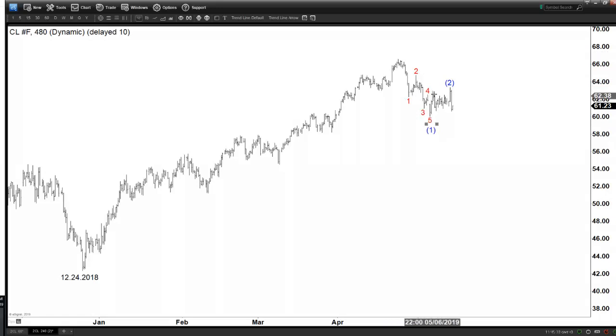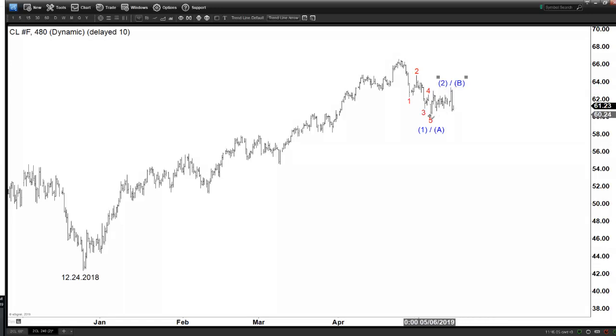You have a 1, 2, 3, 4, 5, and then this one can either end with A or with 1, and this could be wave 2 or wave B. So technically we do need to get a break to confirm that this is really wave 2 or wave B.